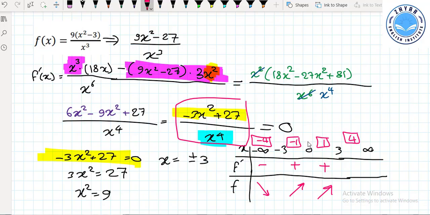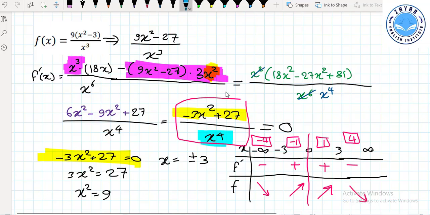So around the vertical asymptote, both sides are increasing. More than 3 is 4. 4 squared is 16. -3 times 16 will be more than 27. That is going to be negative, decreasing.